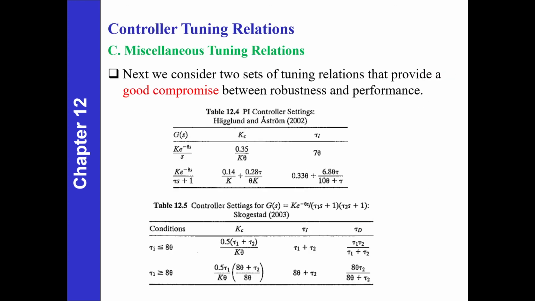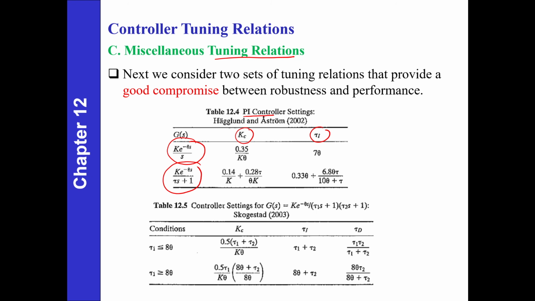And then the third one, we have another equation, another tuning relation. It is the same as the IMC table 12.1 previously, whereby when you have a model, this is how to calculate Kc and tau I. This one only covers the PI controller, not PID.